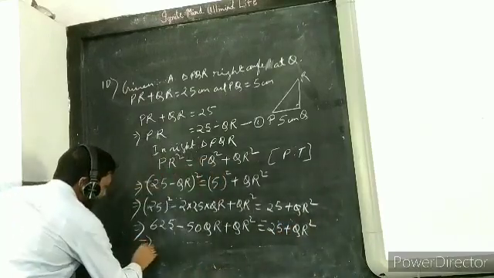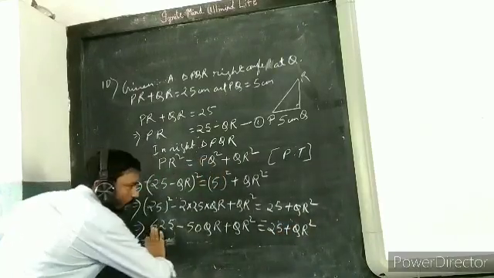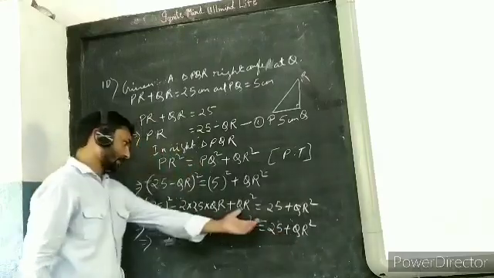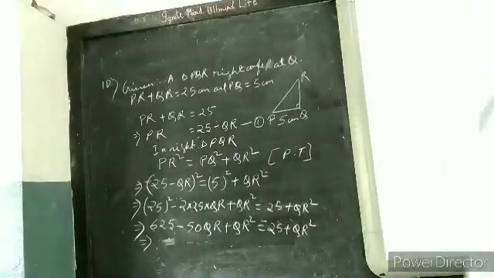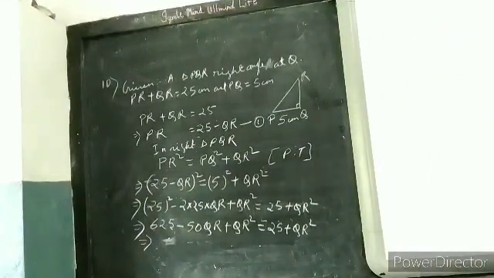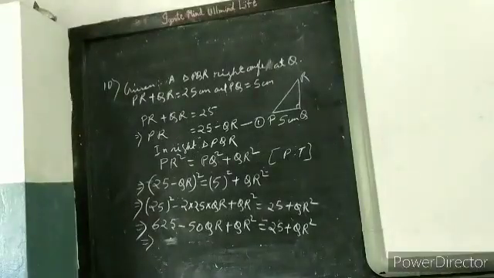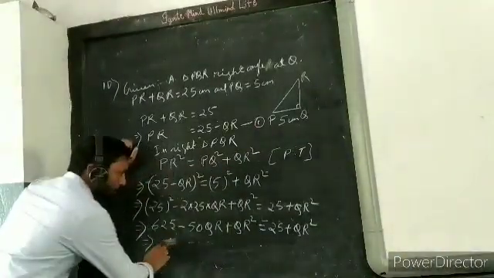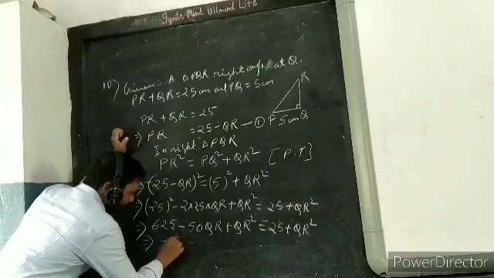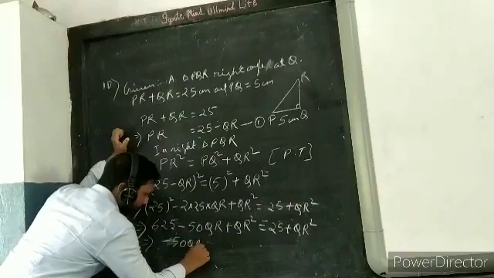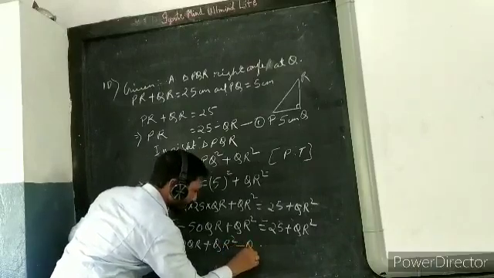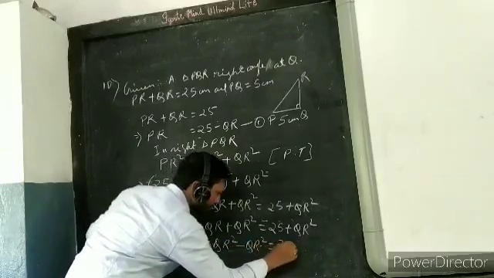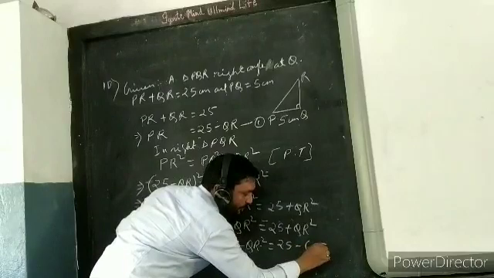Now, I will take this 625 this side and this QR square I will bring this side. Just you also do once, what is going to come, you tell me. Just see, I said it will do minus 50 QR plus QR square minus QR square equal to 25 minus 625.